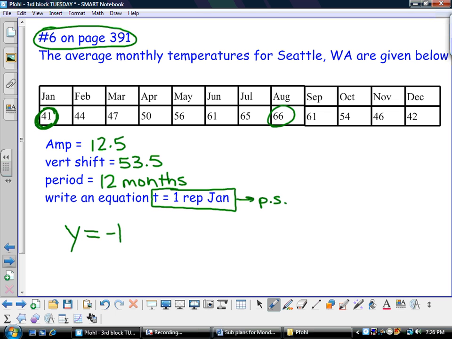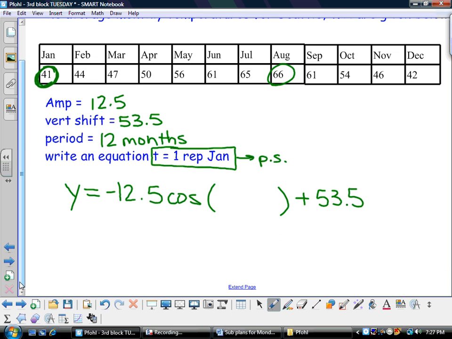So y equals negative 12.5 times the cosine of, leave a little space, vertical shift plus 53.5. Going back to use the period, the equation is period equals 2 pi over b.